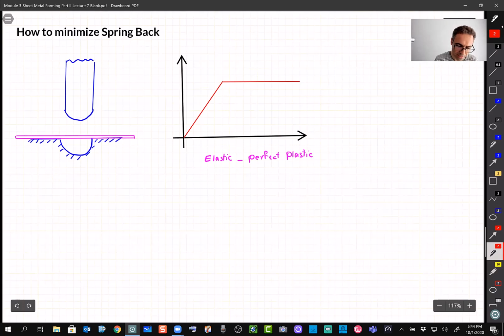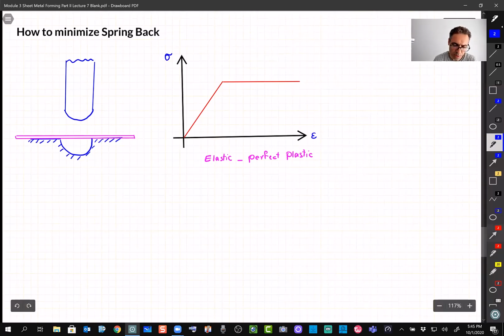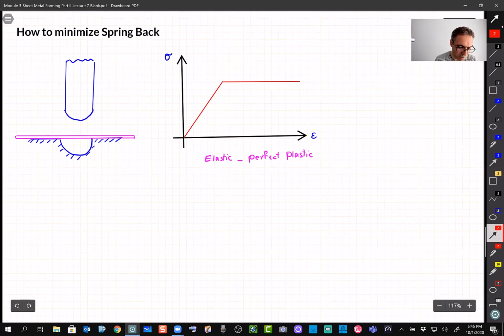And this is sigma stress, and this is the epsilon. Based on this estimation, if we get to this SUT, let's say to the plastic zone, then they did some experiments and realized that the spring back is not going to be zero, but it's going to be minimized. So in practice, before doing the actual deformation or forming, they apply load.